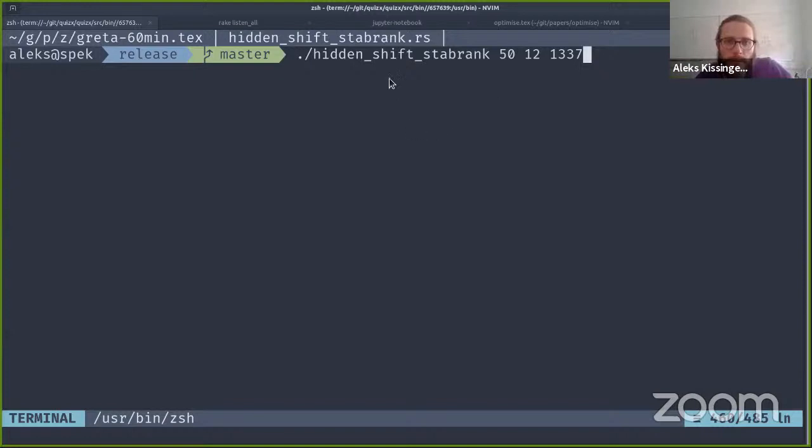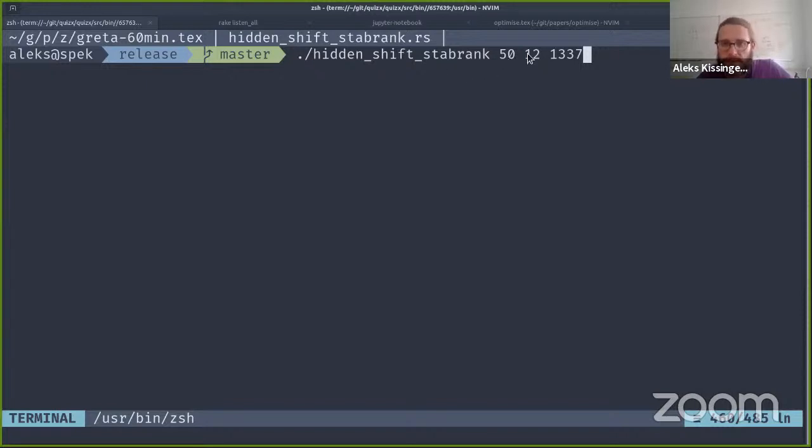So here I'm simulating what's called a hidden shift circuit. This is solving a particular quantum algorithm called the hidden shift algorithm using the stabilizer rank decomposition. It has 50 qubits and 12 CCZ gates per oracle.